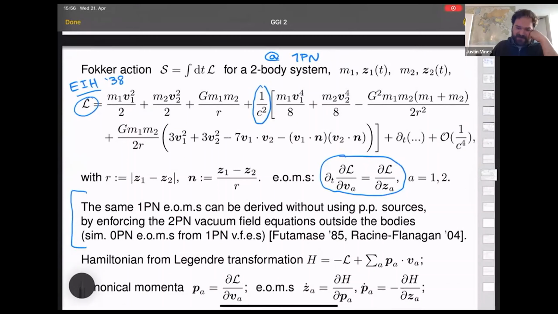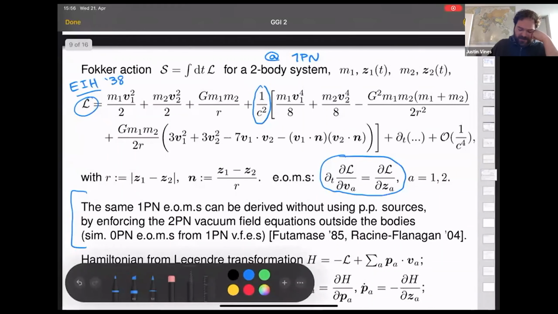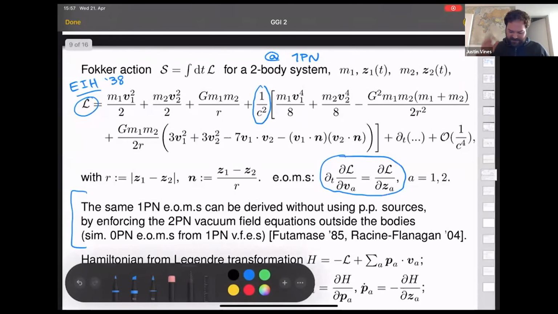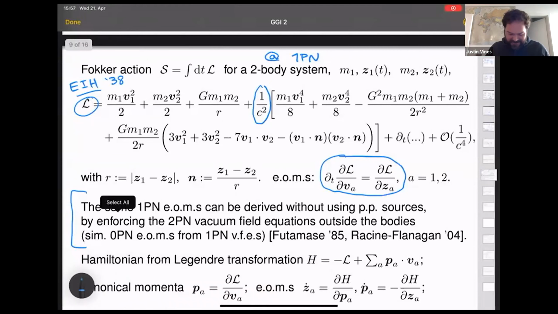You can derive the first post-Newtonian equations of motion. Since I need to move on, I won't say much more about that, but in some of the discussions in the past two days it came up. I wanted to mention that you don't have to use point particle sources.